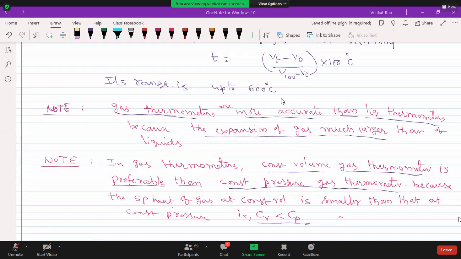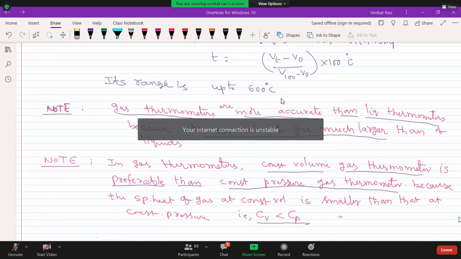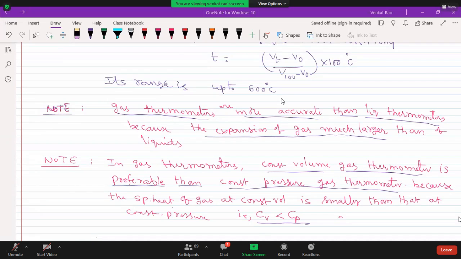At 0 Kelvin, x is proportional to capital T, because at 0 Kelvin any property of any material is 0.